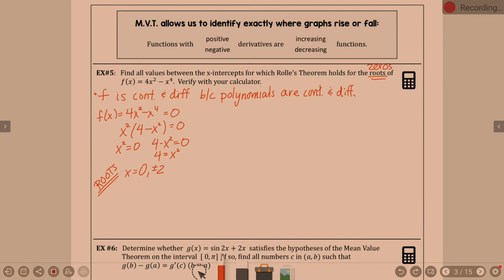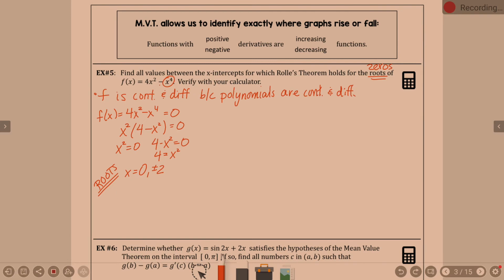Now, can you picture what this graph looks like? What's the highest power here? X to the fourth, yes. And that x to the fourth has what type of coefficient? It's negative. So what's the behavior? Because it's an even exponent, it's either up, up, or down, down.